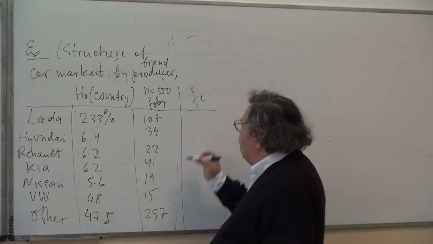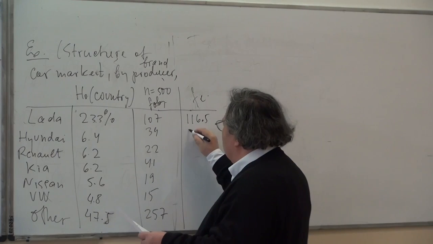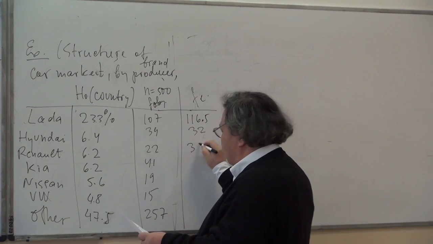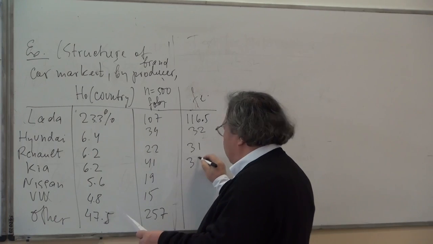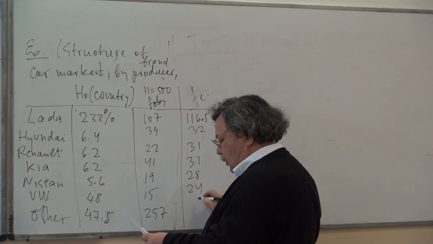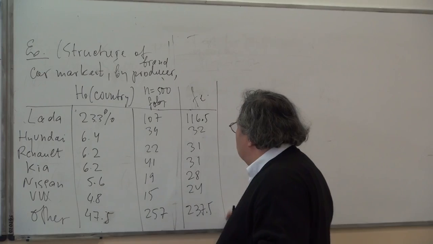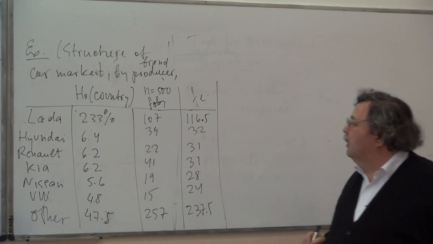Okay, and the numbers that we get here are these: 116.5, 32, 31, 31, 28, 24, 236.5.